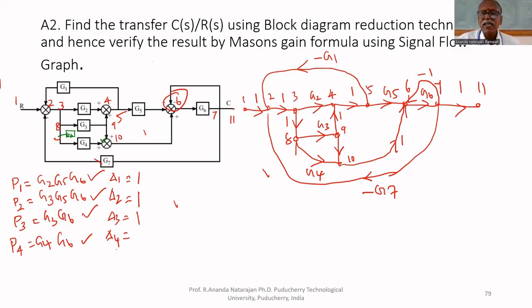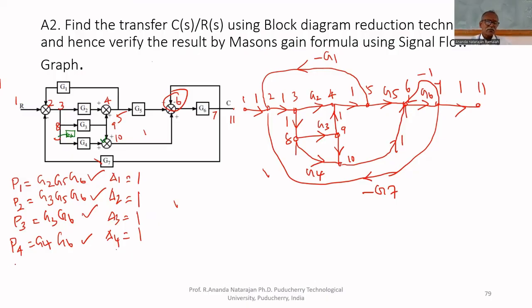Parts of the graph are 9 and 5. At 9 and 5, it has a loop. G2, G1 loop is there, but it is touching at 2. The forward path is 1, 2, 3, 8, 10, 6, 7, 11. For that, you got G4, G6. That is also no loop. That's why that is also 1.